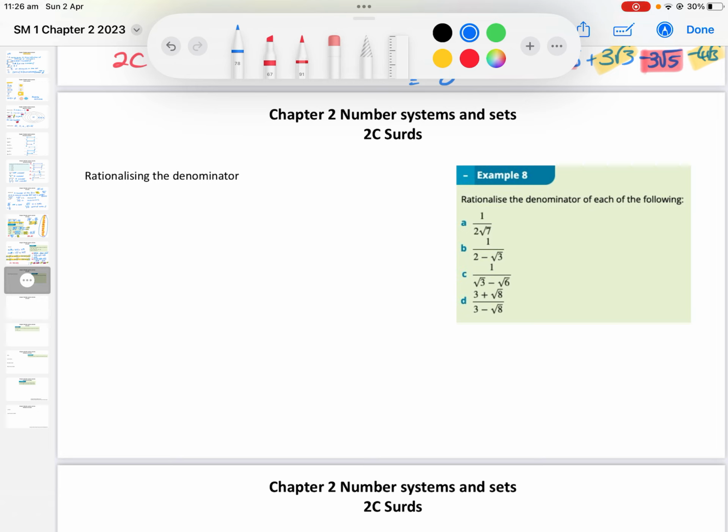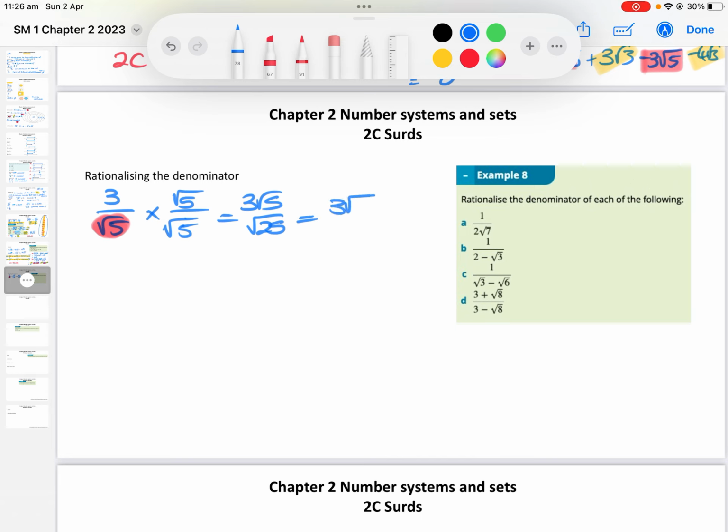Well, when I have something like 3 over root 5, to rationalise the denominator, it means that in my denominator, I don't want to have an irrational number. I want to have a rational number or a whole number. So the way I'm going to do that is I say, if I times this by root 5 over root 5, on the bottom I'll get square root 25, which is 5.